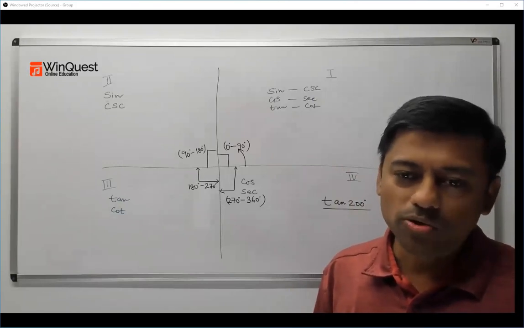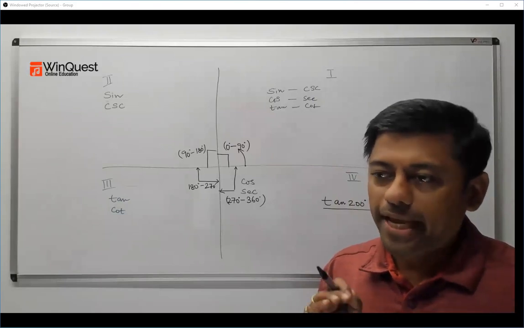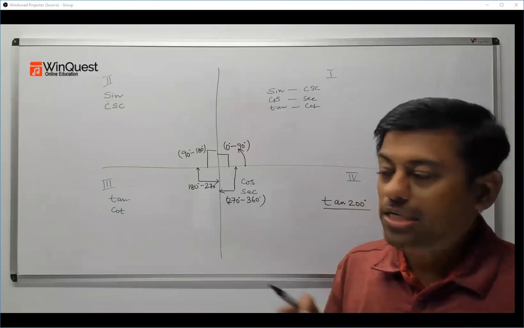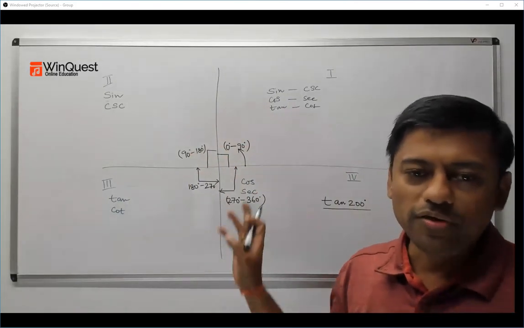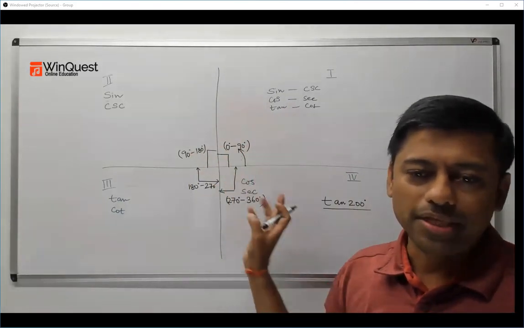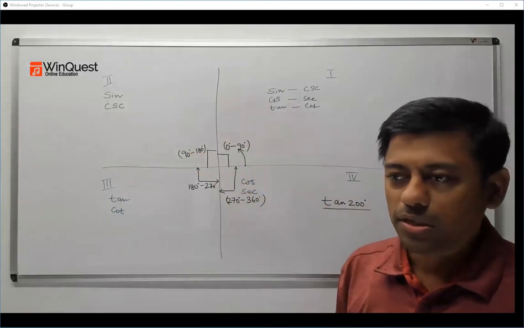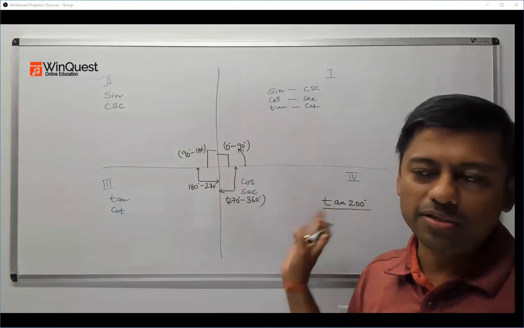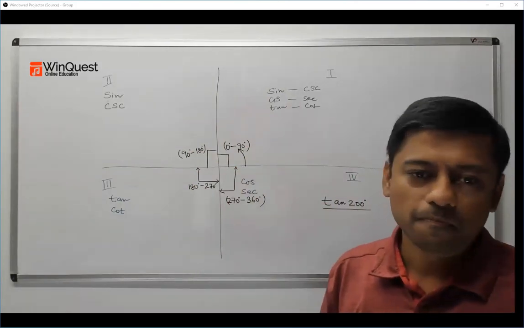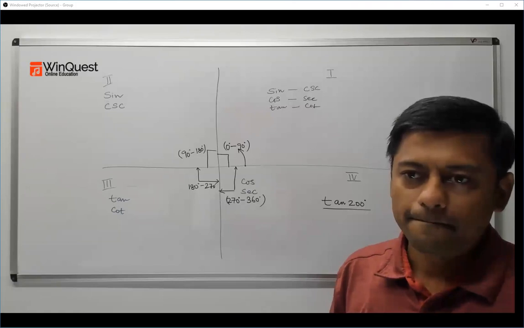As I told you, anything that starts from here and goes anti-clockwise. So if your friend tan of 200 degrees started walking anti-clockwise, which quadrant will he land in? Quadrant 3.